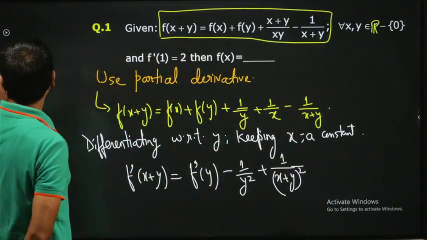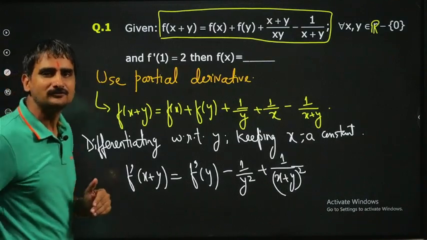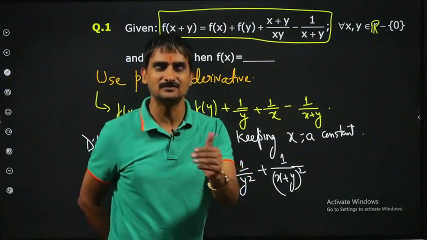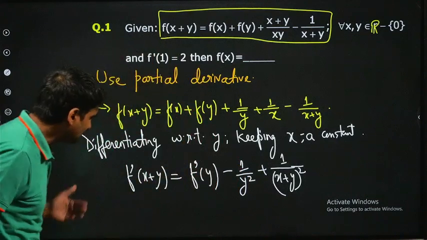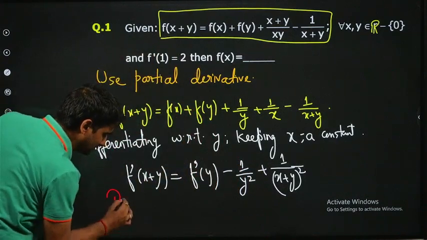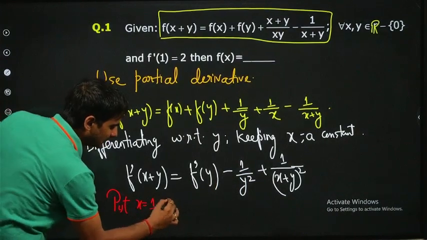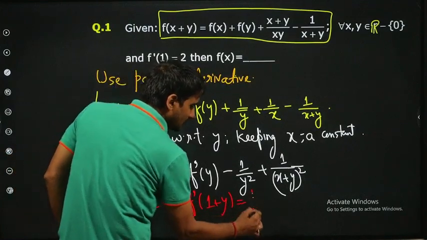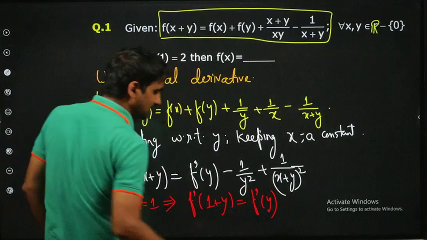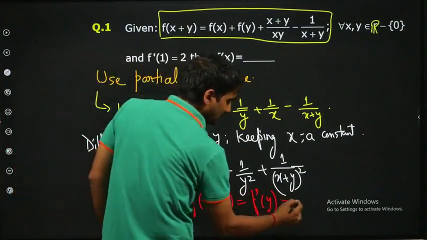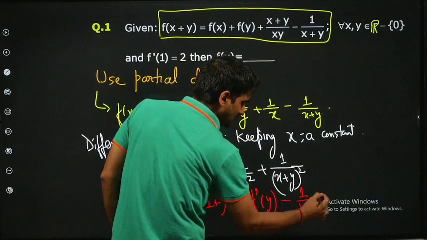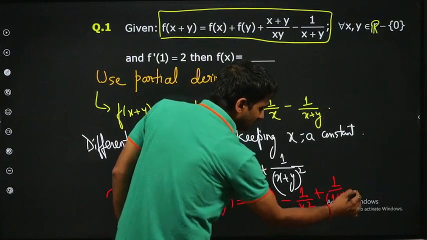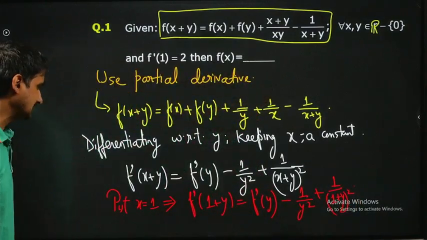But it may happen that we have to use both the derivatives, differentiating with respect to x keeping y constant, and with respect to y keeping x constant. But here, if I replace x by 1, we get f dash of 1 plus y is equal to f dash of y minus 1 over y square plus 1 over 1 plus y whole square.